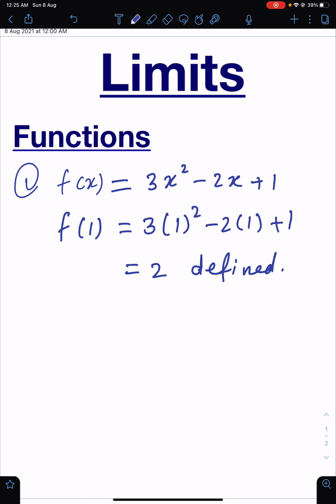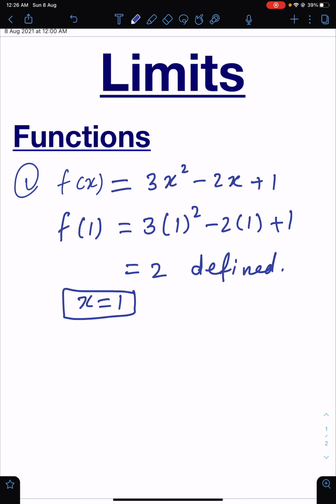And the most important thing is f of 1, which means x equals exactly 1. So we can have 2, we can have 3, we can have minus 5, we can have minus 100, we can have any number. So we can pick any number on the real line for x.